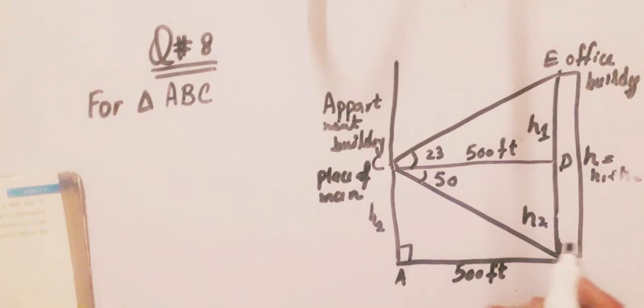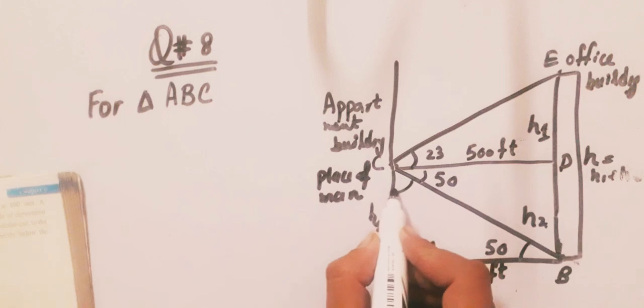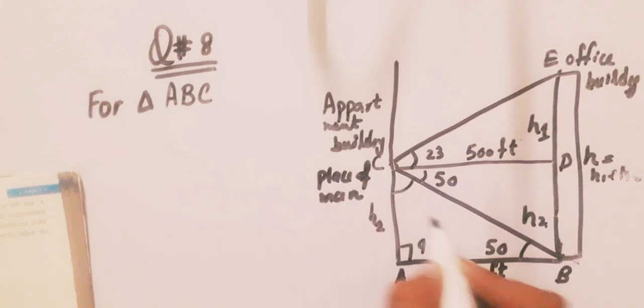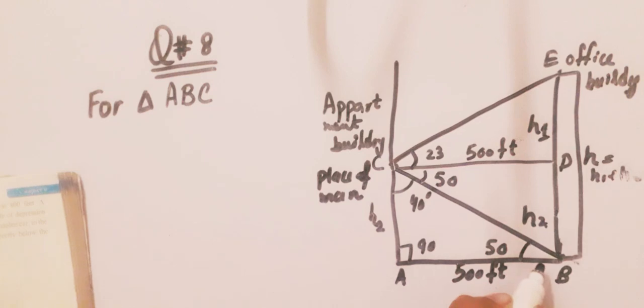This angle is 50 and this angle is also 50. Now this angle will equal 40 degrees because this is a right angle triangle and the sum of angles in a triangle is equal to 180 degrees. So you have to find the value of h2.